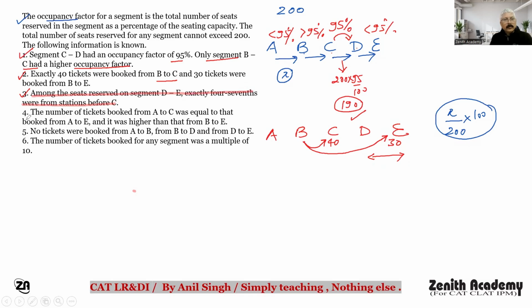Now see the fourth condition. The number of tickets booked from A to C was equal to that booked from A to E. So A to E is also the same. Suppose A to C is X, then A to E is also X. And it was higher than that from B to E. So with B to E being 30, the value of X will be greater than 30.